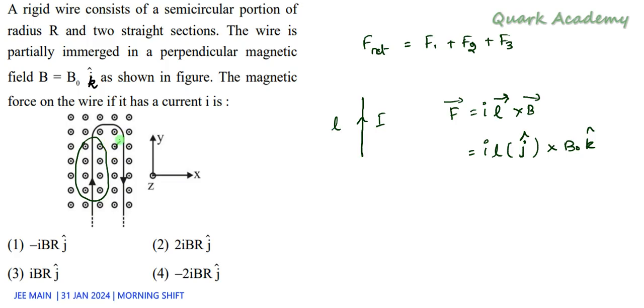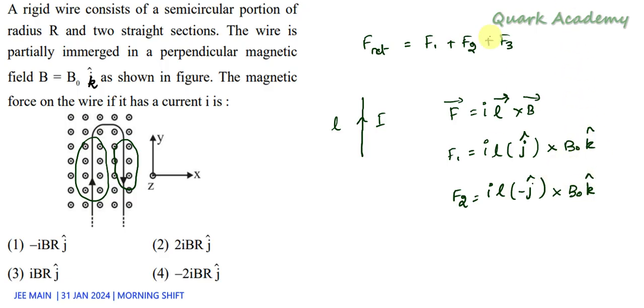Similarly, I can calculate for the other straight section. Let this be F1 and that be F2. Here we will get I L, and in this case it is negative J cap since the current direction is downward, cross B0 K cap. If you look at F1 and F2, their magnitudes are the same but the direction is opposite.